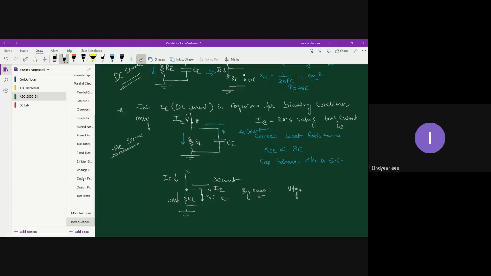So the voltage drop across RE is 0 volt. Therefore, a very high output voltage is obtained.